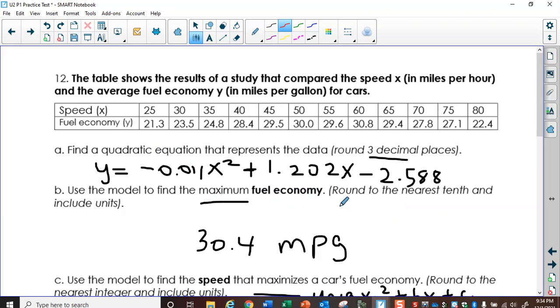All right, so the maximum fuel economy, it says round to the nearest tenth. So that means it's going to be 1 decimal place.